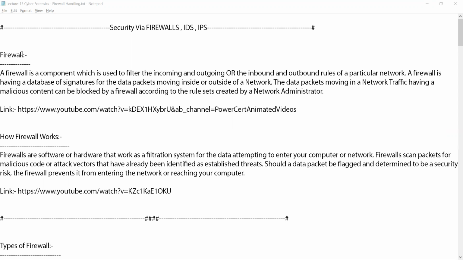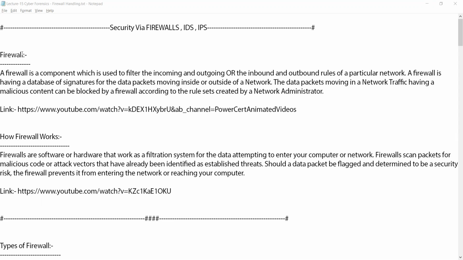Let's talk about how firewalls actually work. They trace out and scan the packets, and if a packet is malicious, they block that packet and take the actions set in the rule created by the network administrator.